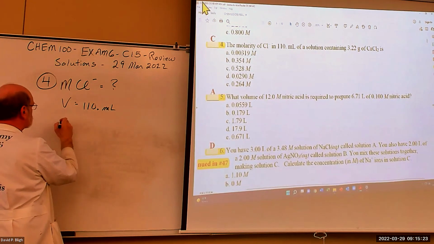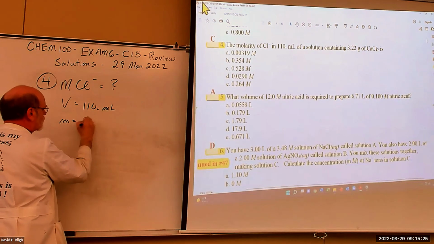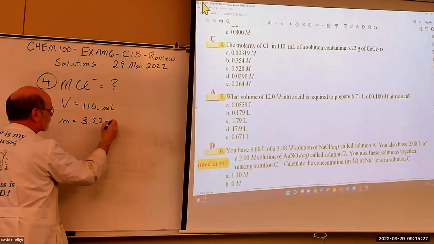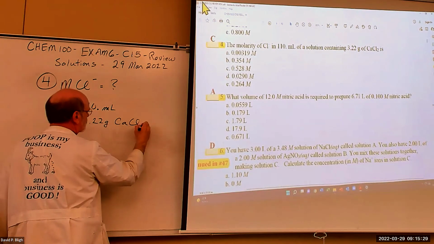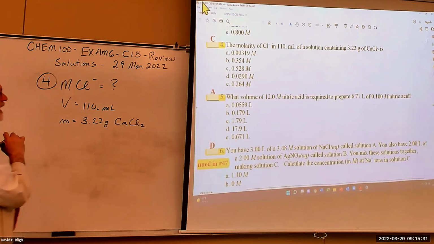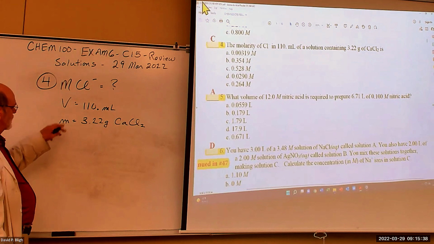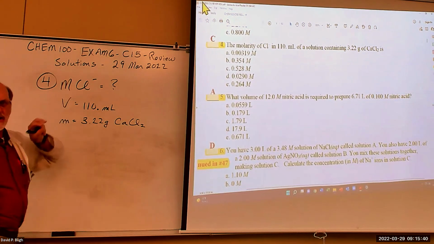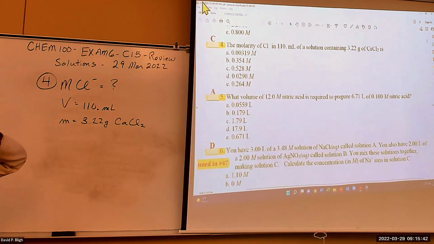Okay, the solution contains 3.22 grams of calcium chloride. We want to know the chloride ion concentration in molarity.